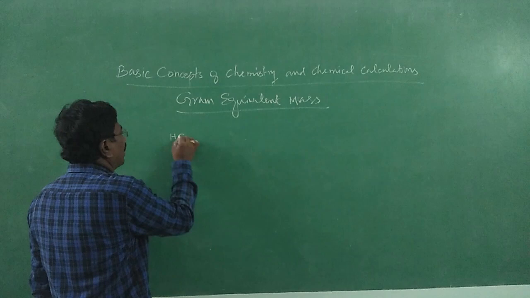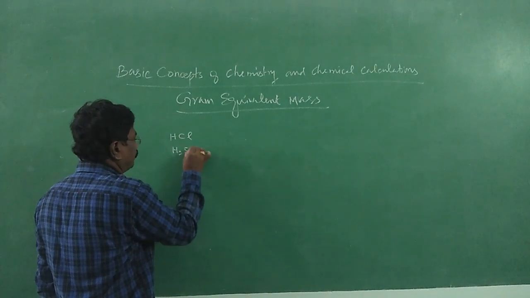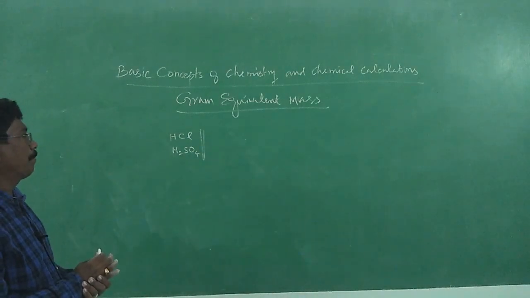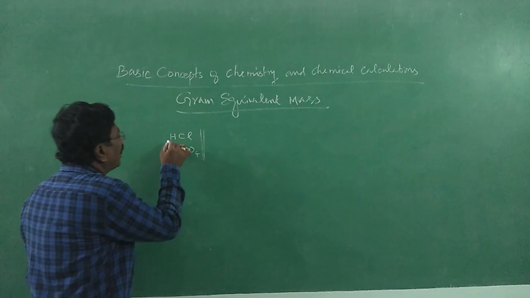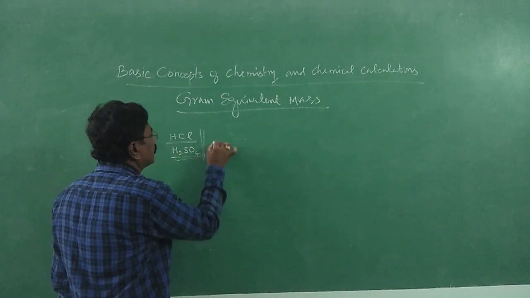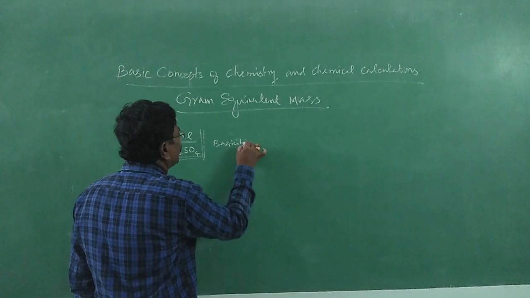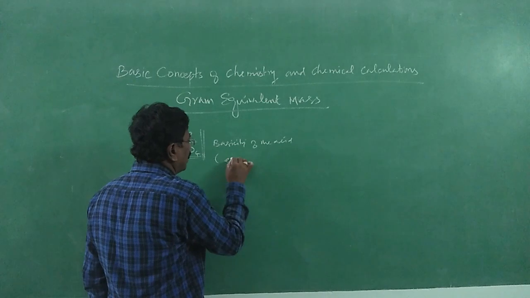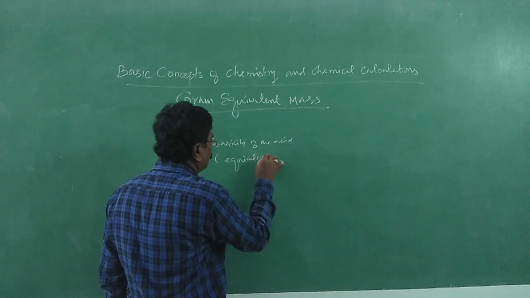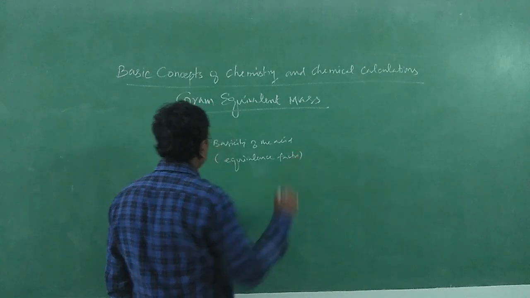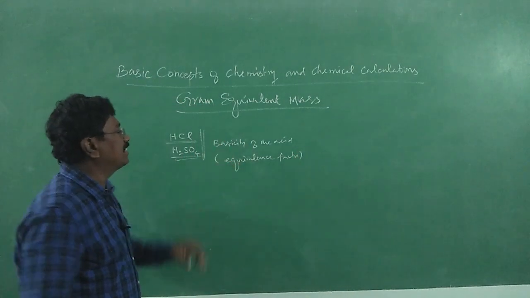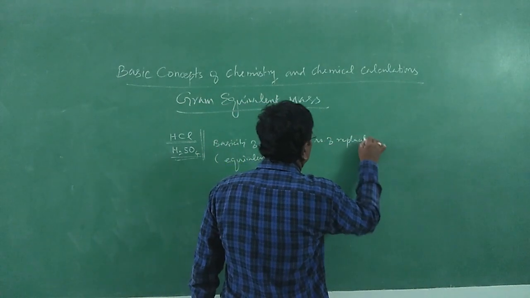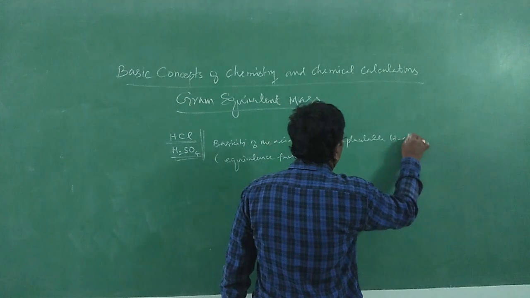For example, acids like hydrochloric acid or sulfuric acid: how to find out equivalent mass? Here we find out the basicity of the acid, and that basicity is said to be the equivalence factor. The basicity of the acid is nothing but the number of replaceable hydrogen atoms or hydrogen ions.